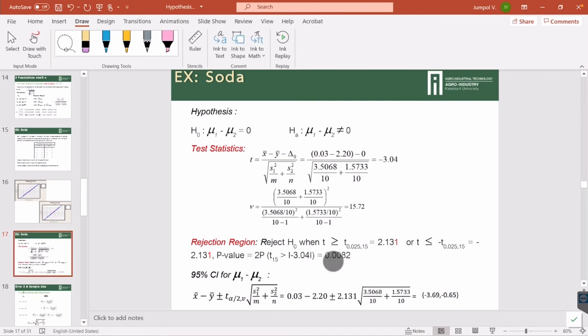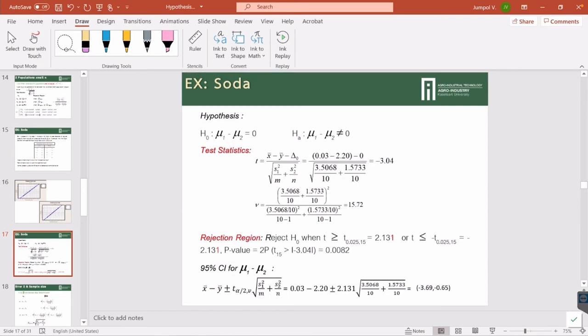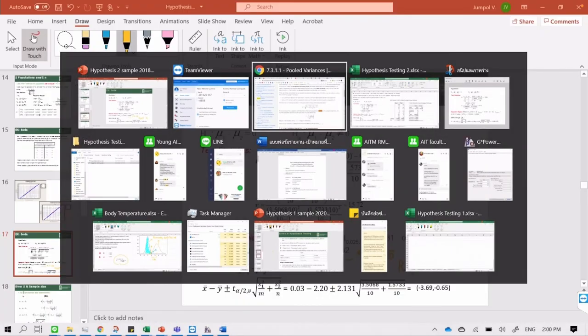The p-value is 0.0082, so at 95% confidence, it is less than 0.05, so we reject the null hypothesis. Okay, so let's use Excel to do this for us.